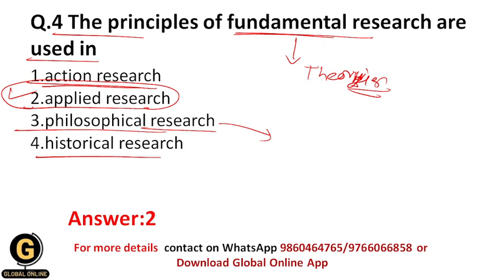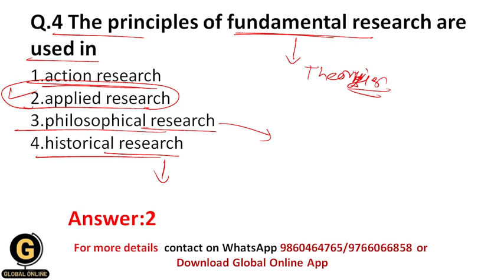So this is nothing but the philosophy of that particular relationship between the variables, or the philosophy of that particular data, like how that data has been discovered in this world, and what the roots of that data are. All of these things are studied in philosophical research. Historical research: within historical research we study past events, and by using those past events we apply them to our present and future work.